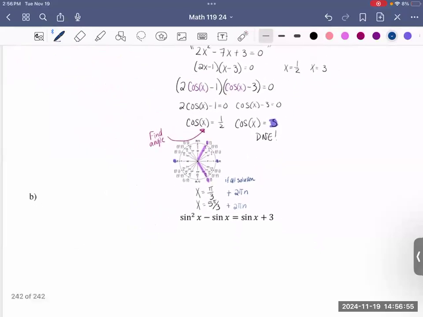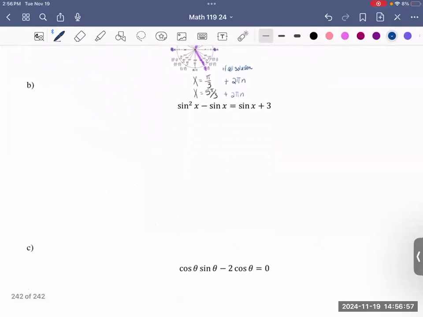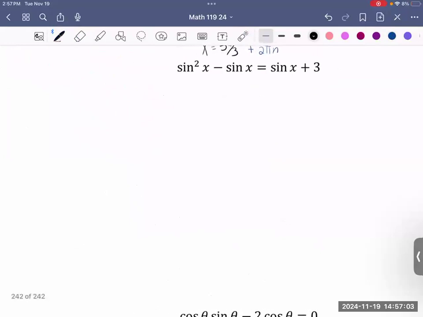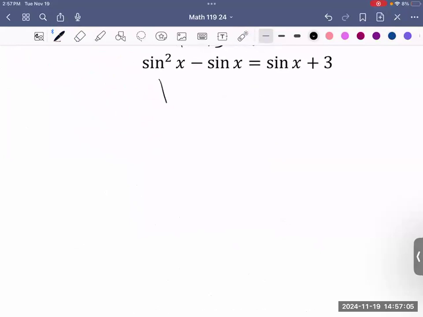Let's have you try it again, one more time with B. Now, if this is hard to start to pick up, how would you factor this normally? What if we had x squared minus x is equal to x plus 3? Because there's an x squared, let's move everything to one side.